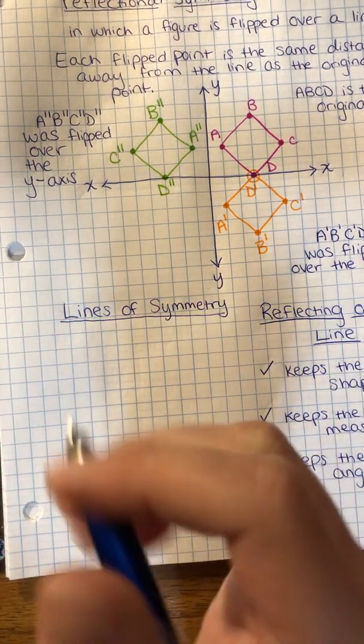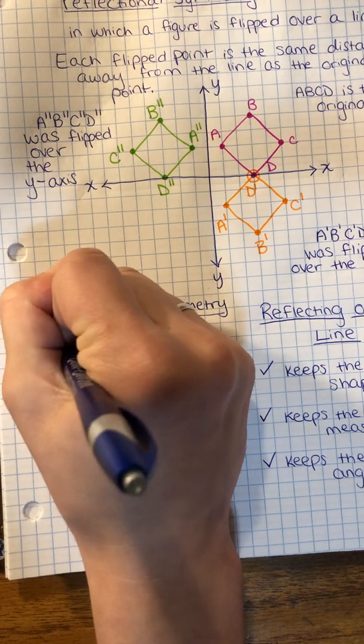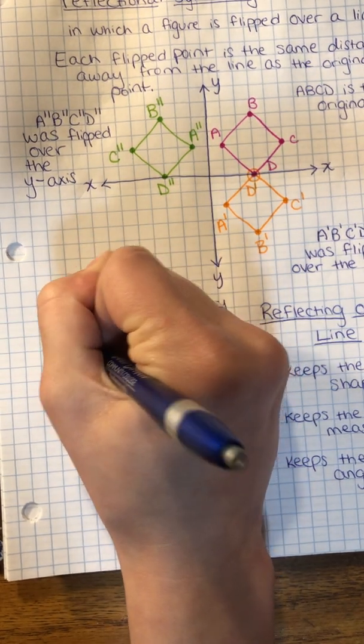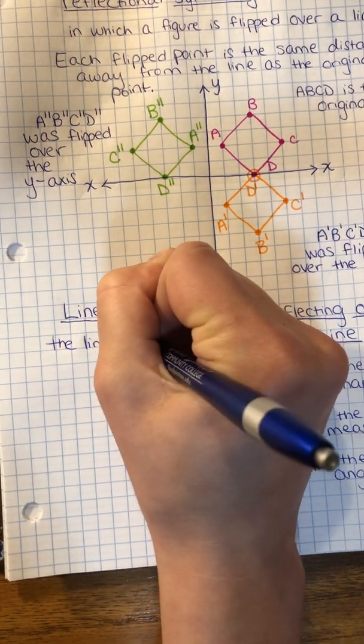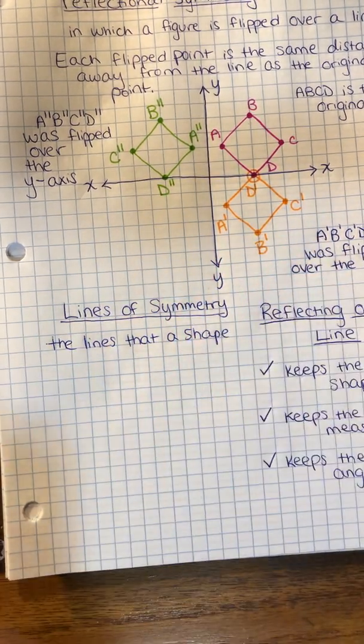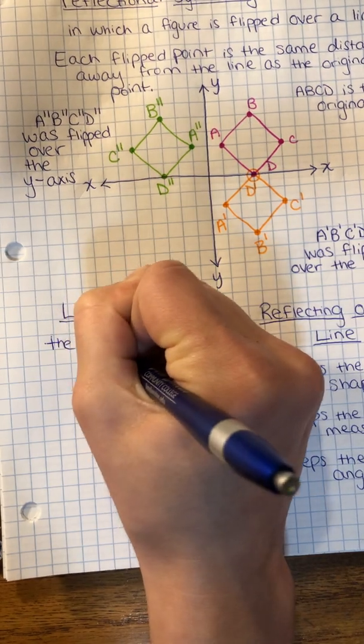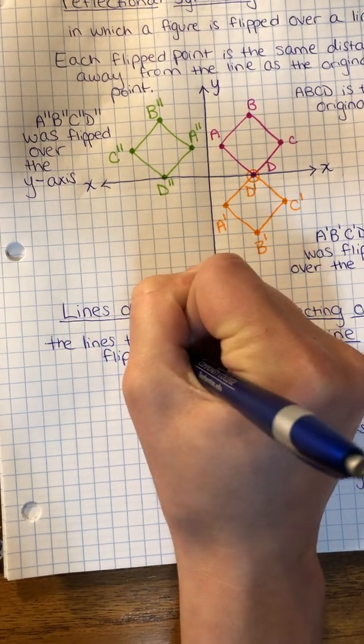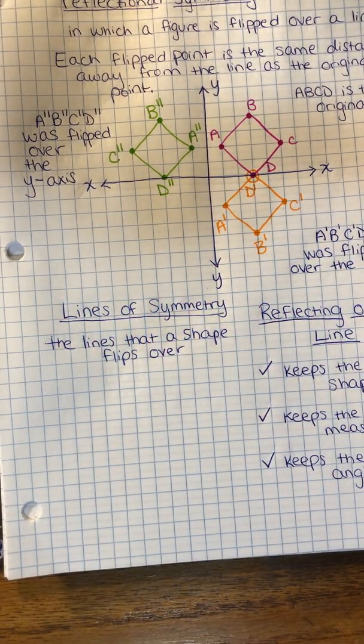So lines of symmetry are the lines that a shape flips over. So in our example, it flipped over the x-axis and it flipped over the y.